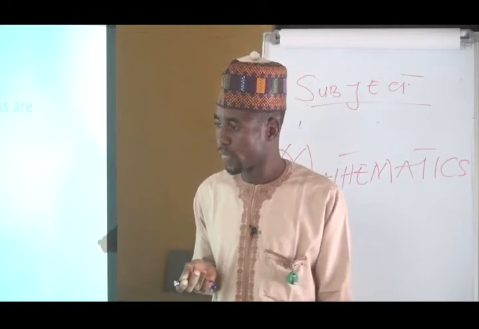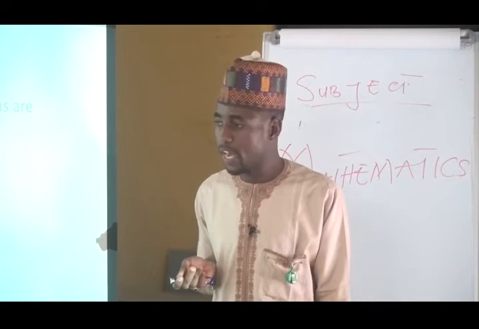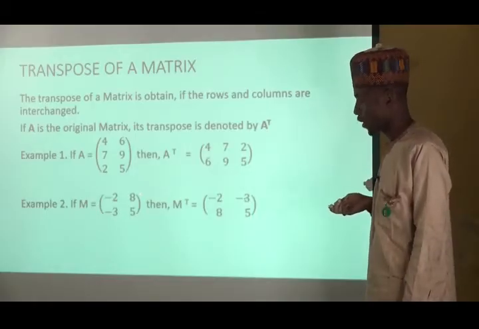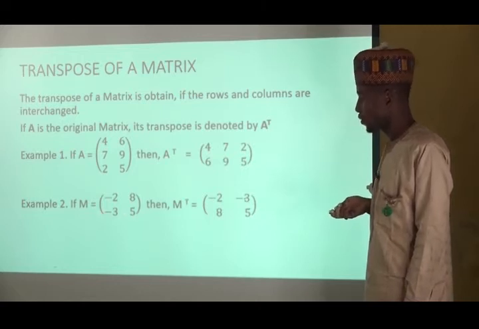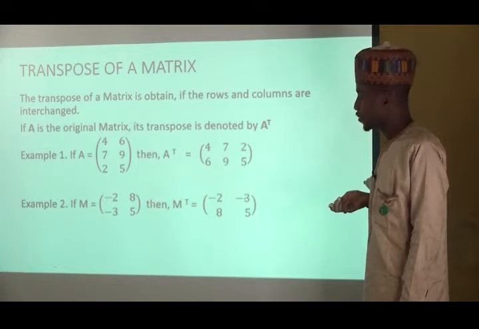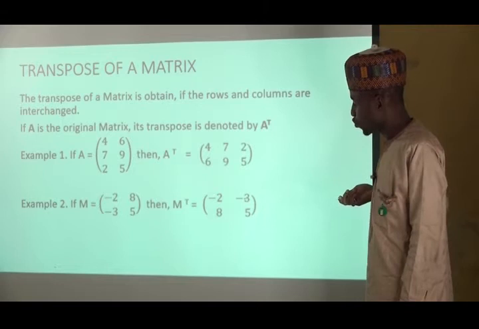Example 2. If M is a matrix with elements in the first row -2, 8, second row -3, 5, then the transpose of matrix M is -2, 8.